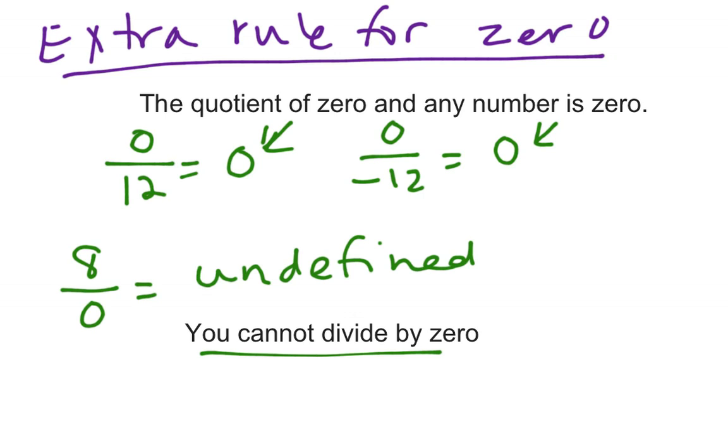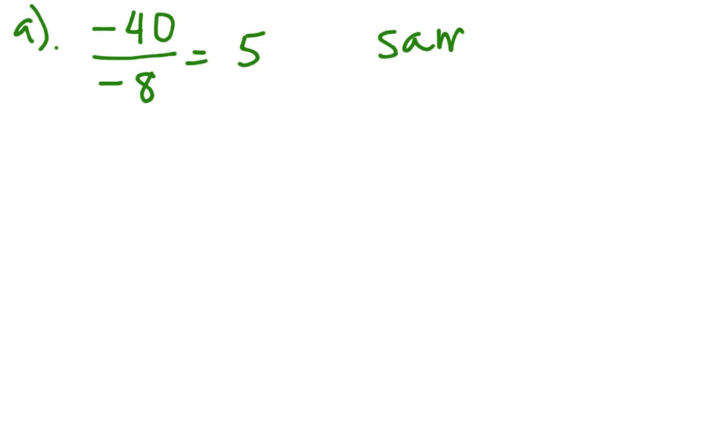All right, example problems. Example A is a negative divided by another negative. So we have same sign, and so the quotient of 5 is positive.